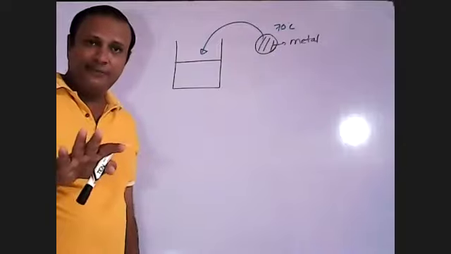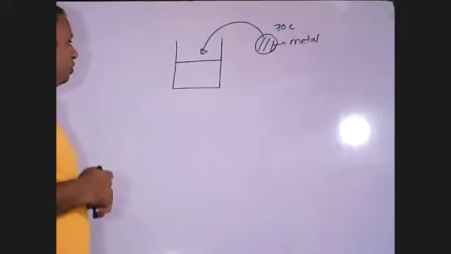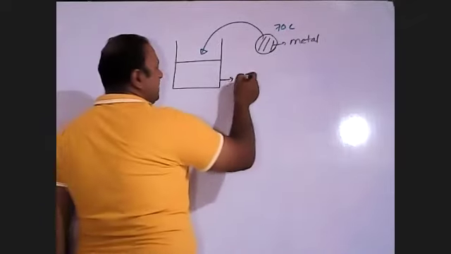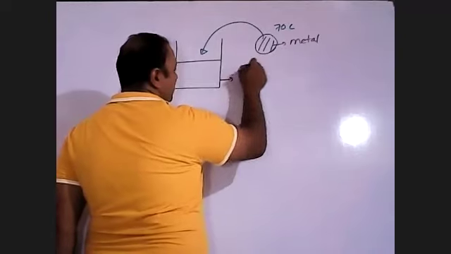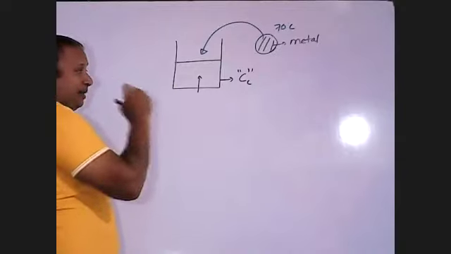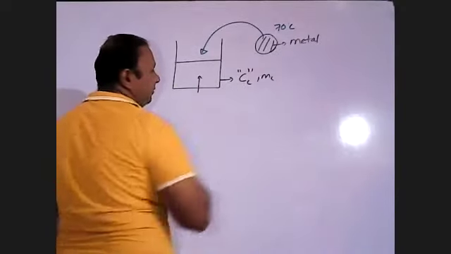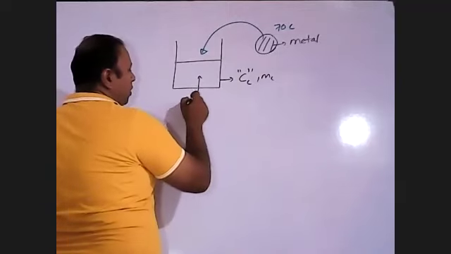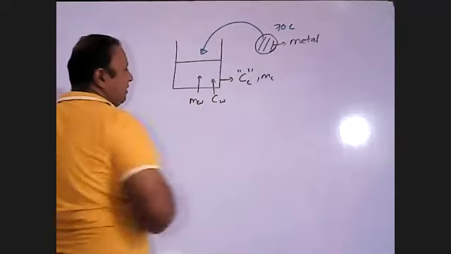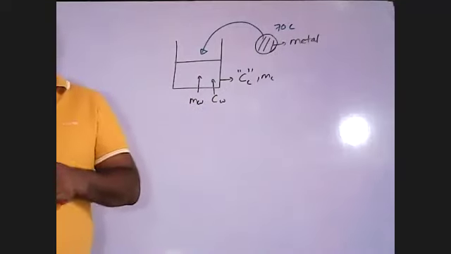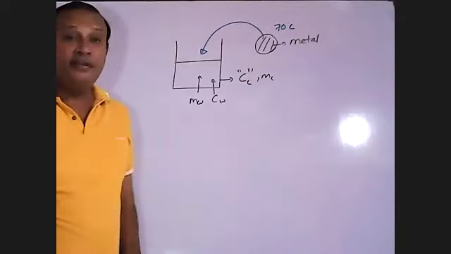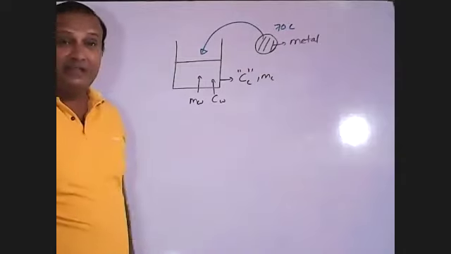Suppose you know the C value and the mass of this container, and the mass and the C value of the water. Then you can determine the C value of the metal.